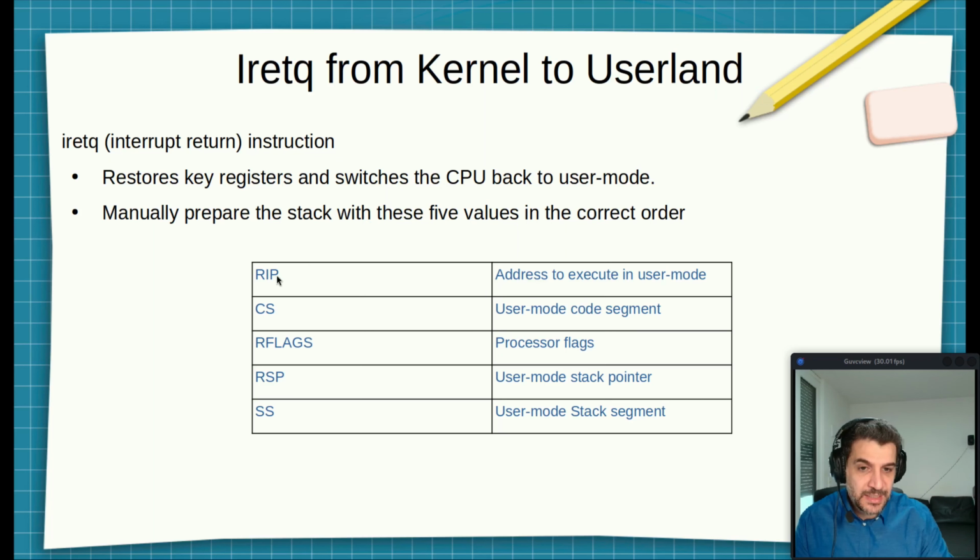We need RIP, or instruction pointer, which points to the address to execute in user mode. So when we are already in user mode, what do we want to execute there? We have a function for that, which we will see later. After RIP, then CS, then the flags, then the stack pointer, and then SS. We need to do this manually.